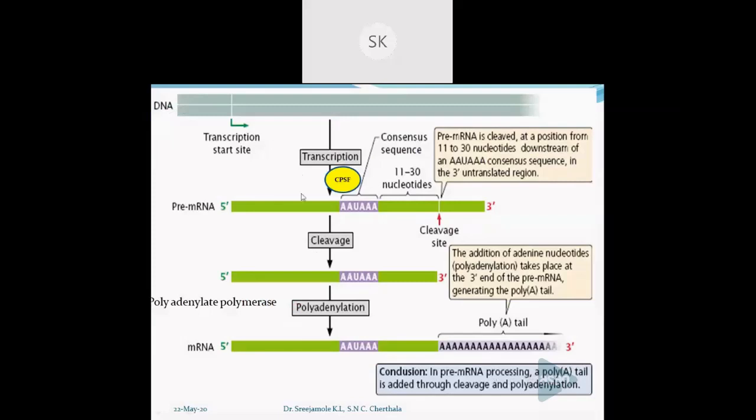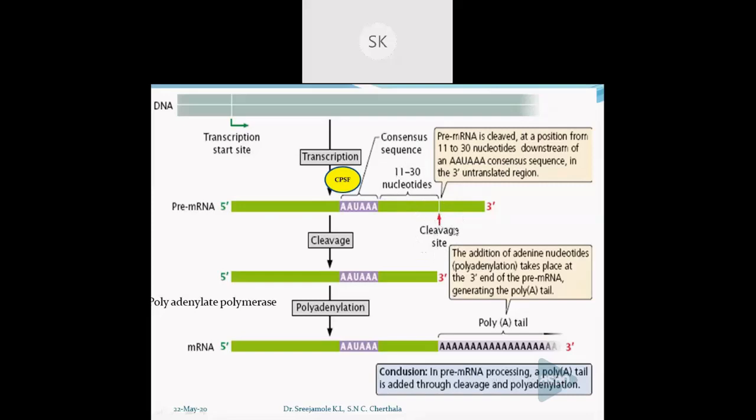Here we can see the DNA being transcribed to the mRNA. This is the pre-mRNA. Here we can see the AAUAA site, and downstream from that site, about 11 to 30 nucleotides, we can see the poly-A site or the cleavage site.